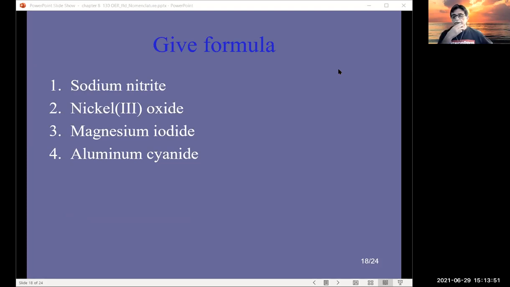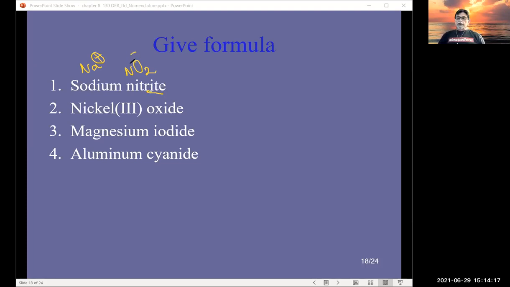Here they just want you to give the formula. What is recommended when you're given the name is to first write the ions. So you've got sodium nitrite. You look up sodium, which is a +1, and the nitrite, notice the ITE, is a -1.